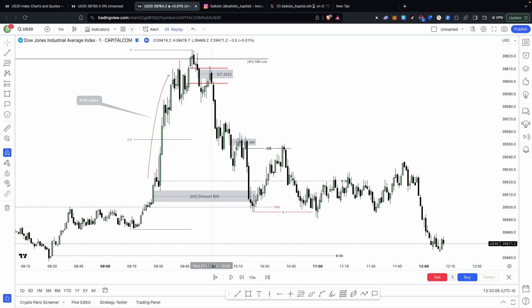Just go back and study premium, discount, external range liquidity to internal range liquidity, and then you understand the sessions, because here you can see that this is New York open. It opened at 7:30.